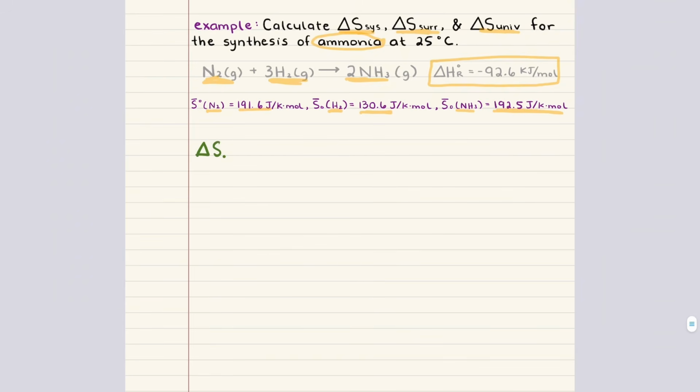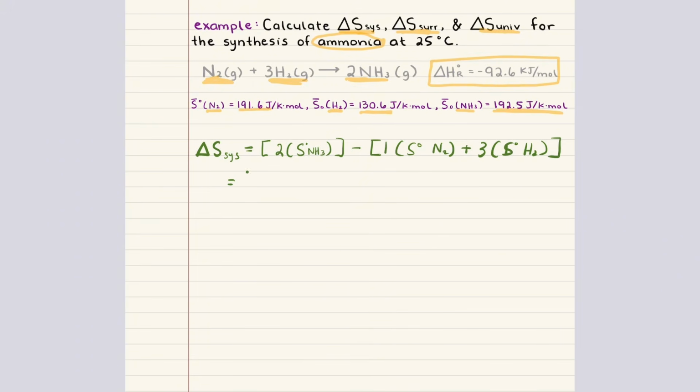Delta S of the system equals the total standard molar entropy of the products, weighted by coefficients, minus the total standard molar entropy of the reactants, weighted by coefficients. So here, that's going to be 2 times the standard molar entropy of ammonia, minus this quantity that we're going to write in brackets, which consists of 1 times the standard molar entropy of nitrogen plus 3 times the standard molar entropy of hydrogen.